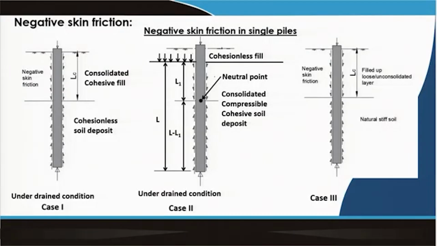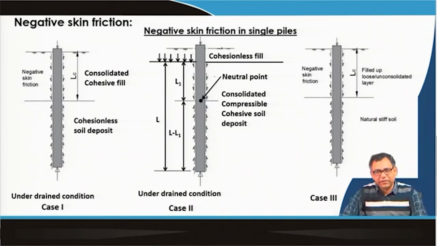Suppose we have a newly constructed fill. That fill can be cohesive soil, or it can be loose cohesionless soil also. And if the pile is constructed before or after the placement of the fill, but before the completion of the consolidation of the fill soil, then the fill soil will deform more compared to the pile deformation.